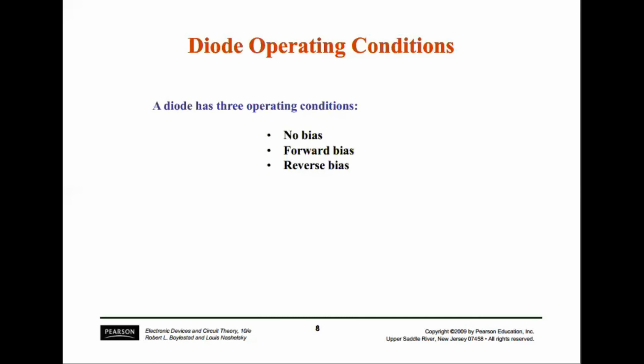So for operating the diode, you will also have three conditions. In the first condition, you are not applying any voltage. In the second condition, you are applying the forward biasing. I have taught you what forward biasing is.